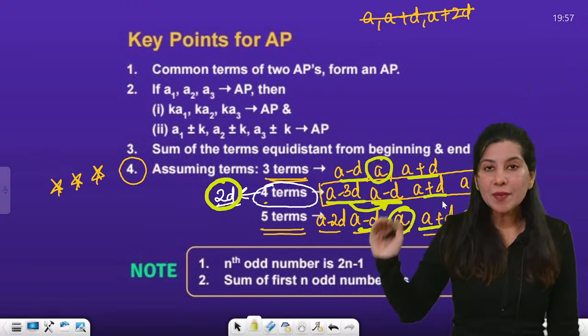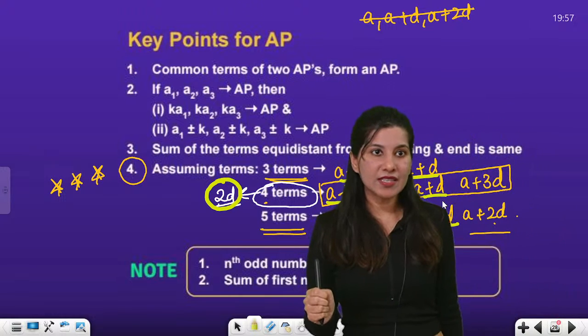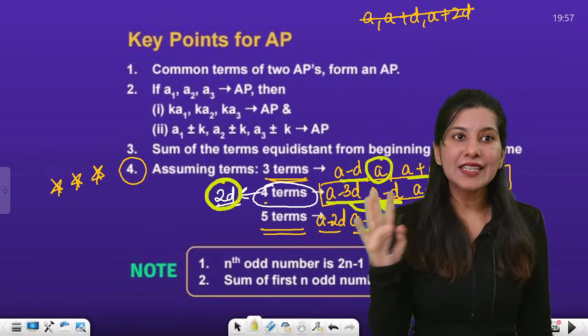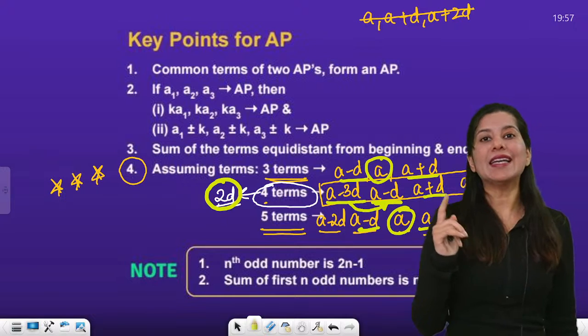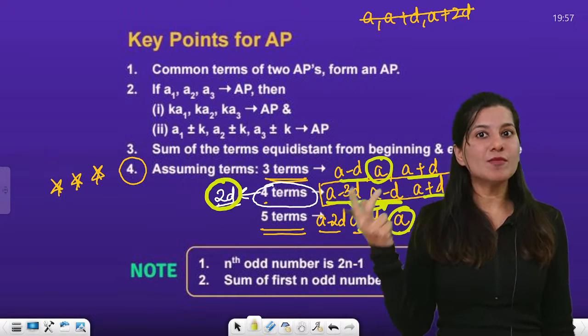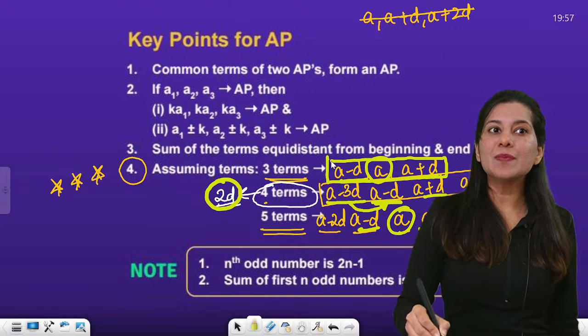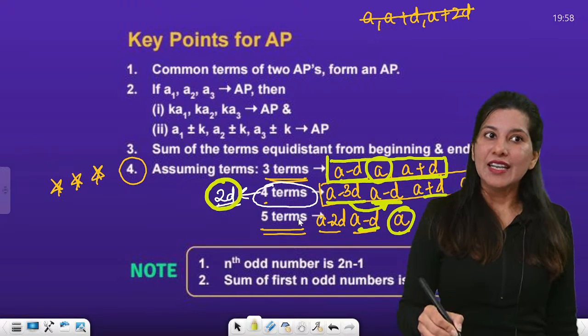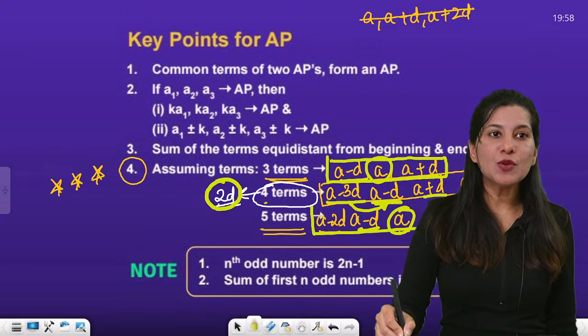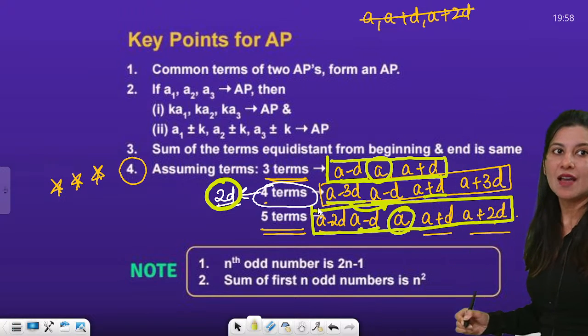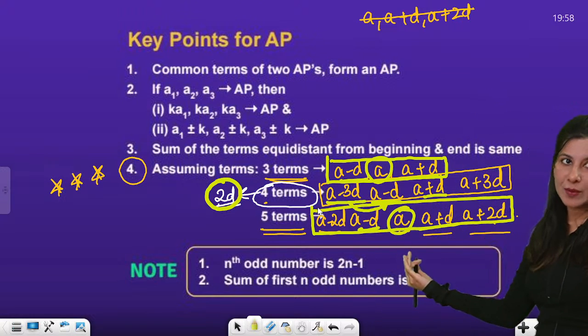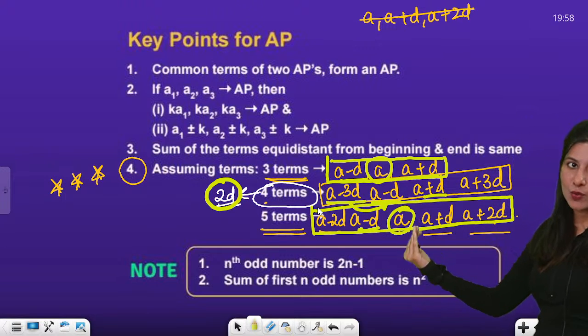So, the idea behind selecting these terms is, when you add all the terms, you will only get the sum in terms of a. Add these 3 terms, minus d and plus d will get cancelled out, right? In 5 terms also, minus 2d cancels with plus 2d, and minus d with plus d.